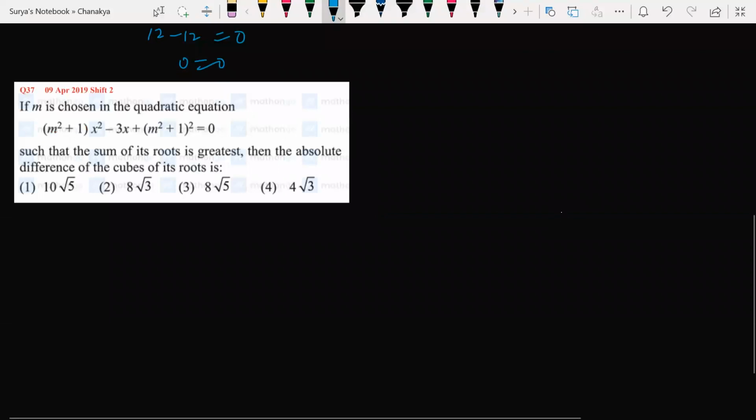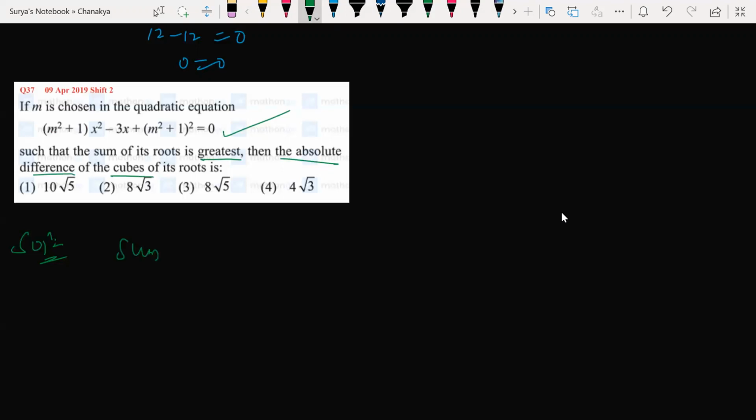Look at this. What is he asking for? M is chosen in the quadratic equation such that the sum of its roots is greatest. Then the absolute difference of the cubes of its roots. So what is the sum of the roots here? Sum is minus b by a, right?